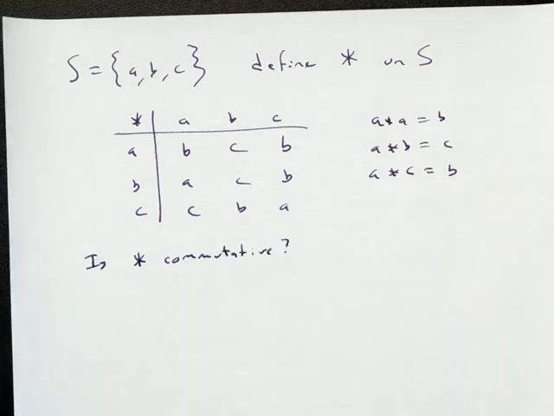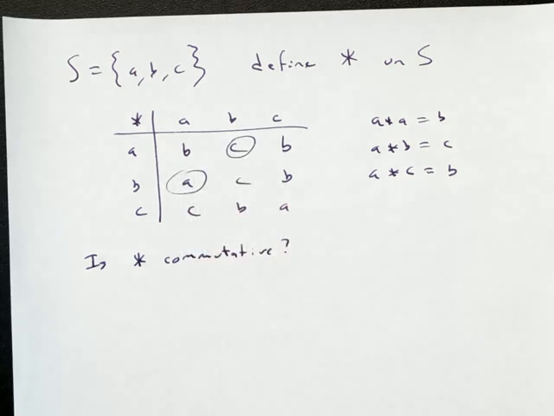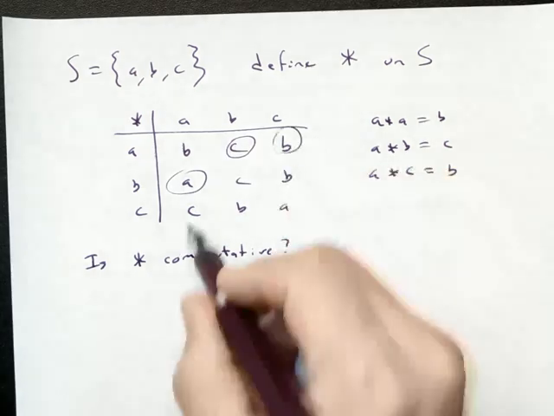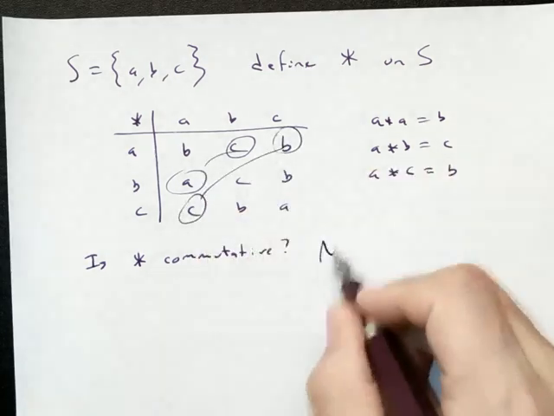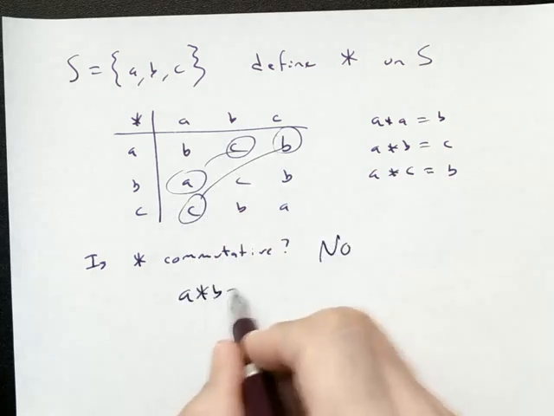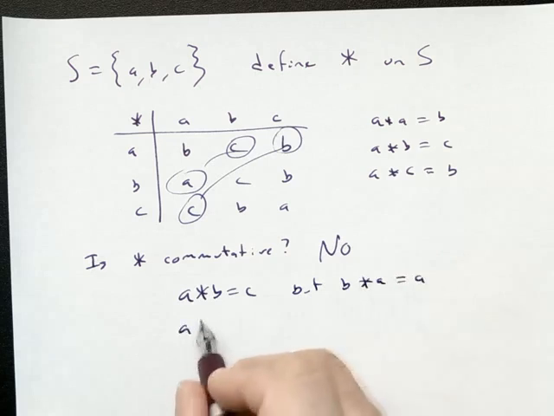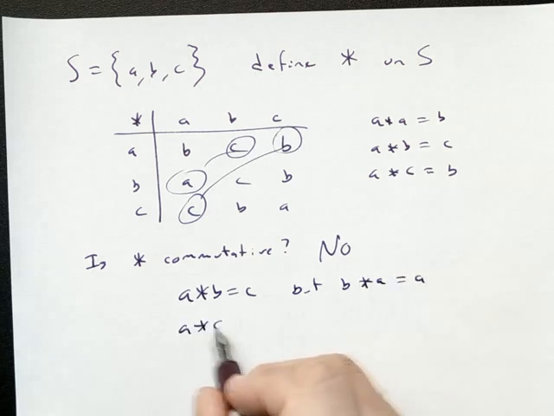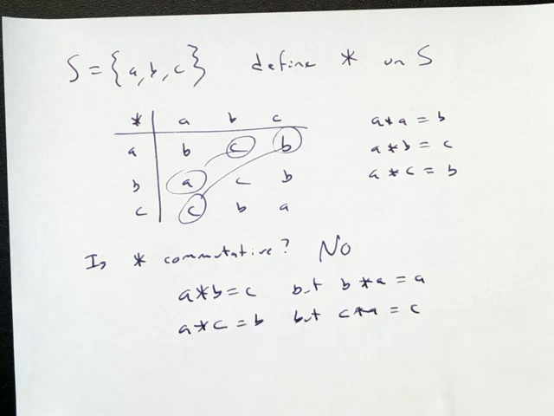Because if you take A star B, you get C, but if you do B star A, you get A. I can do A star C and get B. I can do C star A and get C. All I need is one.